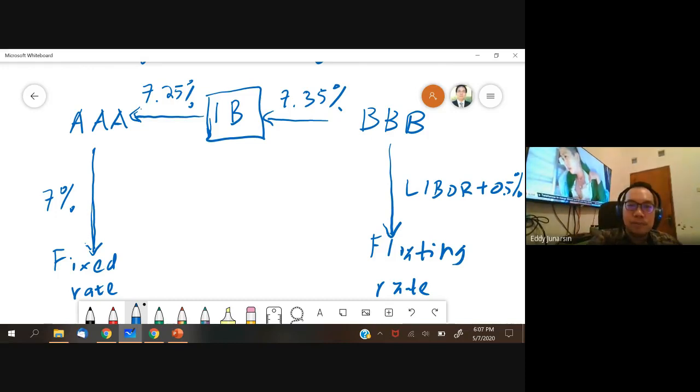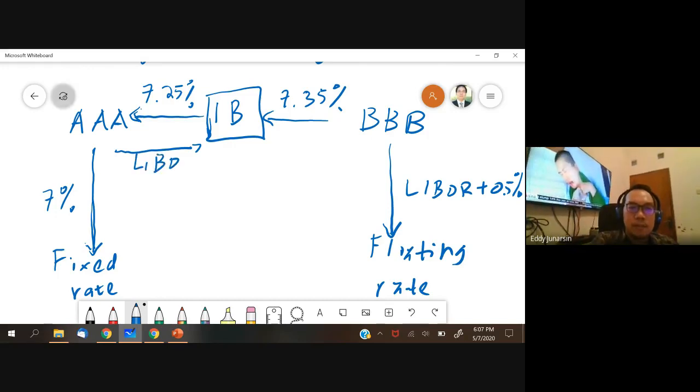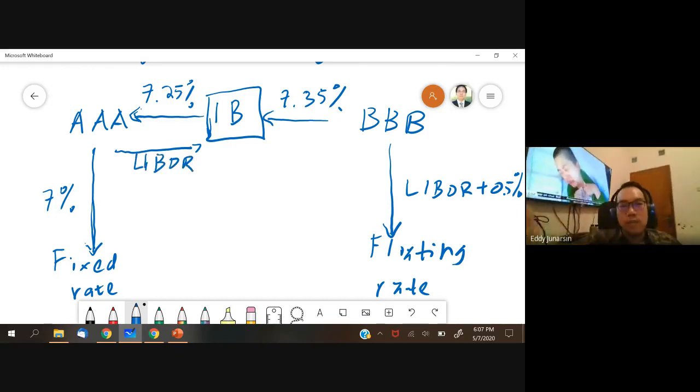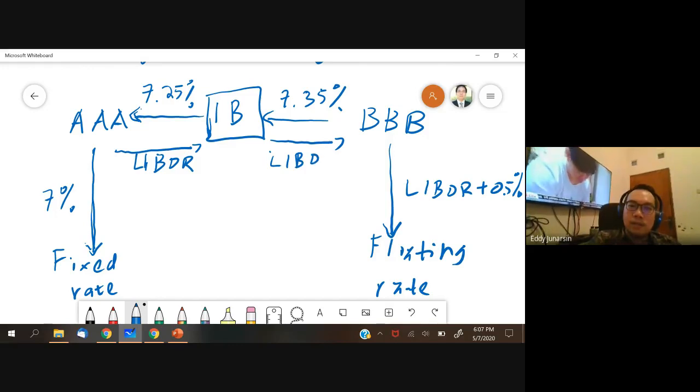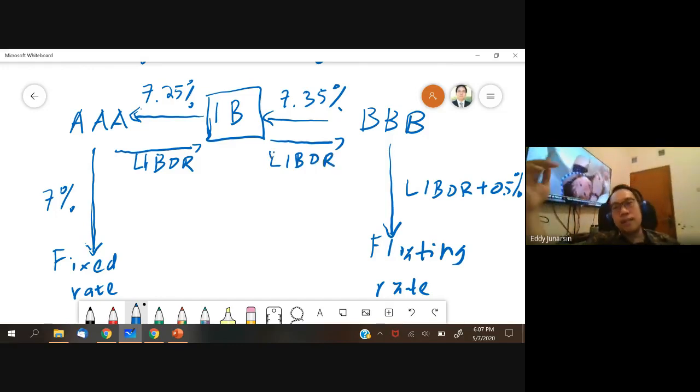So see here, AAA firm only wants to pay LIBOR. This is based on negotiation and of course a mutual benefit for both, right? This could be negotiated and calculated together, and the investment bank will send the payment to the triple B, right?